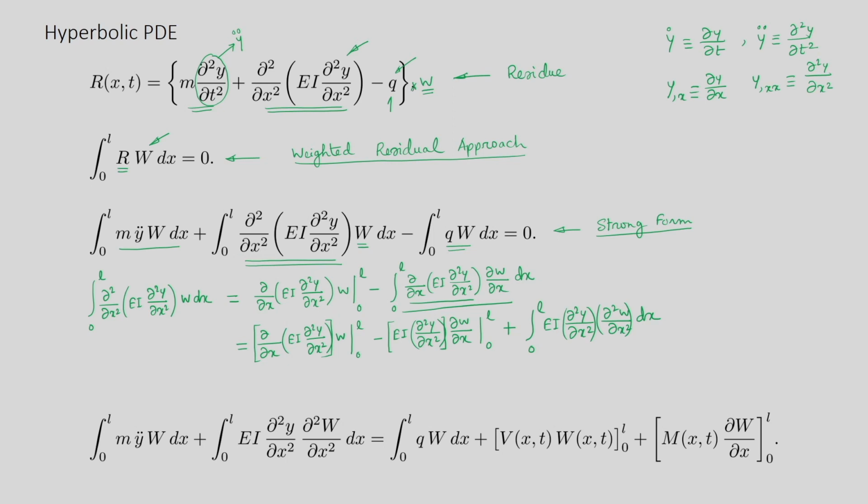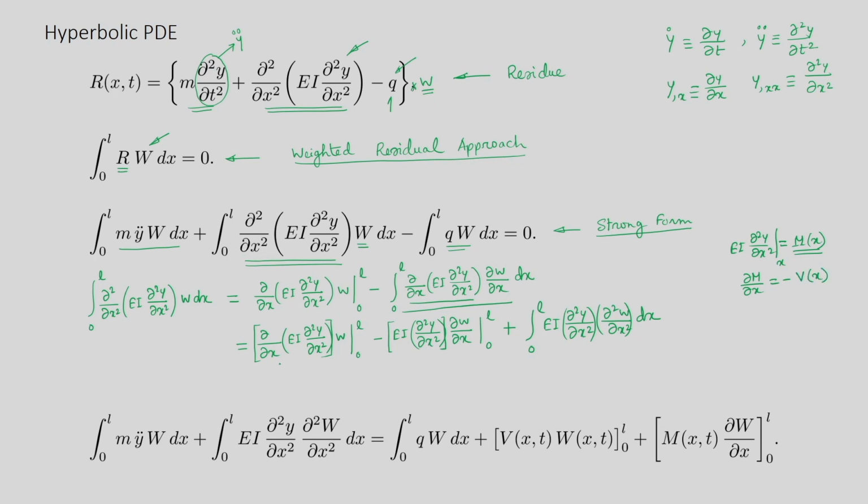Now if I look at this EI del 2 y del x square, it is basically the moment at x, that means the bending moment at x. As you know, del M del x is equal to minus V_x, that is the shear force.